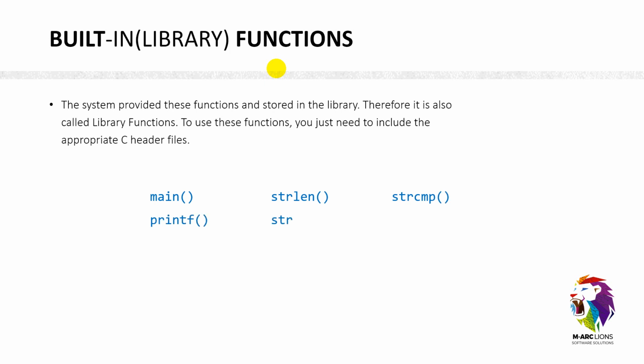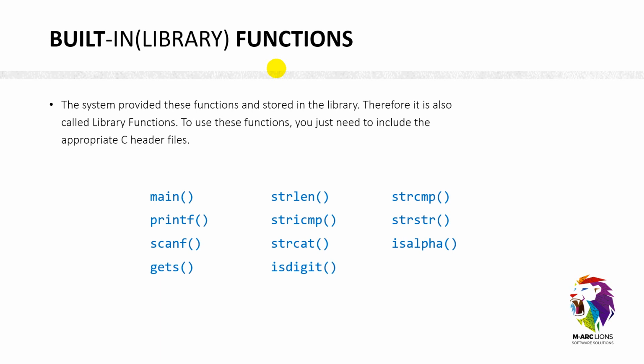Some built-in functions are main, strlen, which is used for getting the length of a string, strcmp for string comparison, printf, stricmp, scanf, strcat, isalpha, gets, isdigit, isupper, puts, islower, and strcpy.